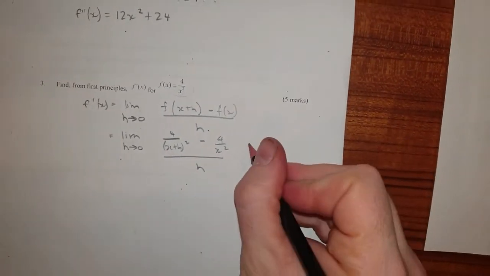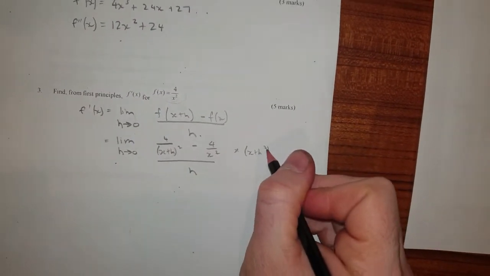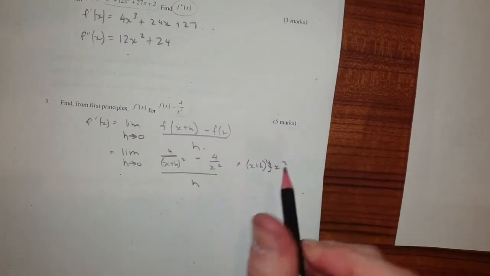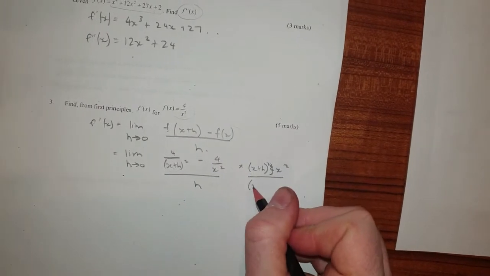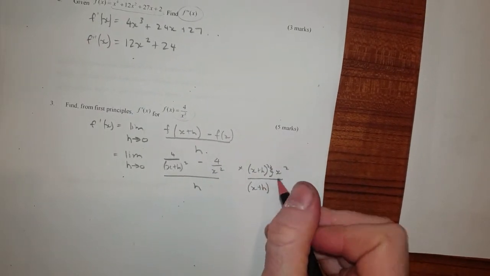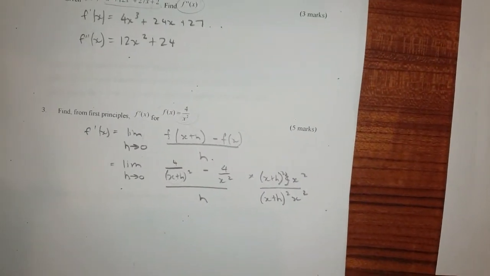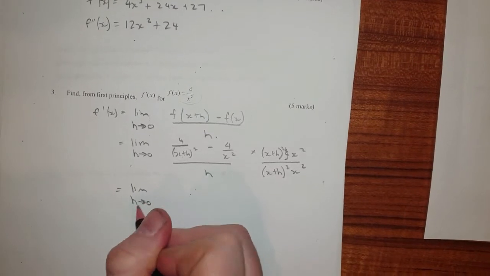So I'm going to multiply by x plus h squared, x squared, so the denominator of both fractions, and I'm going to have to do that on the top and the bottom, so that I'm just still multiplying by 1, and I haven't changed the function. So now look what happens. Limit as h tends to 0.